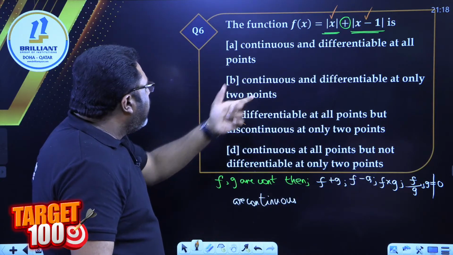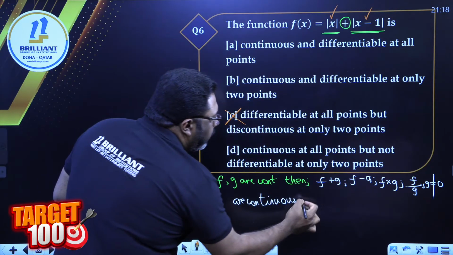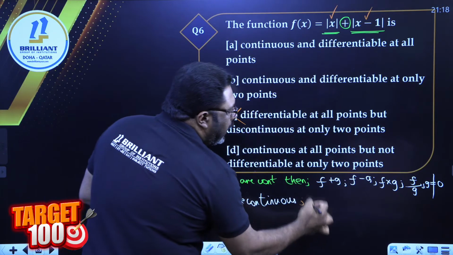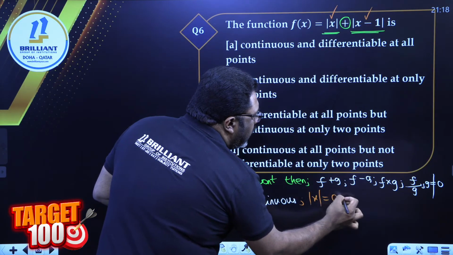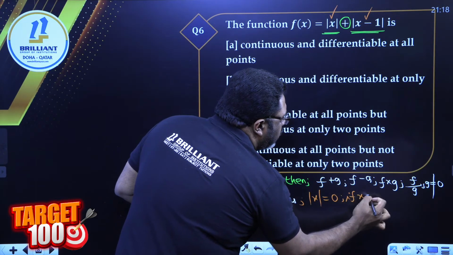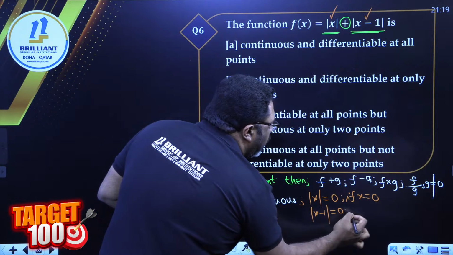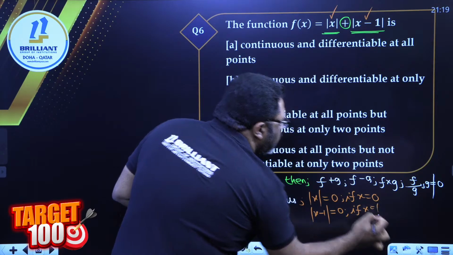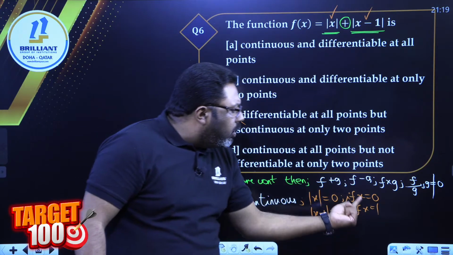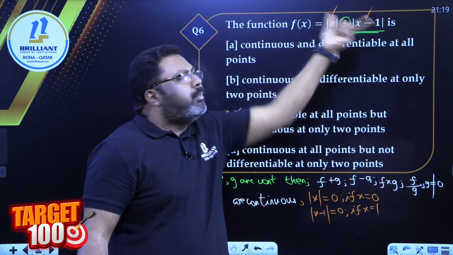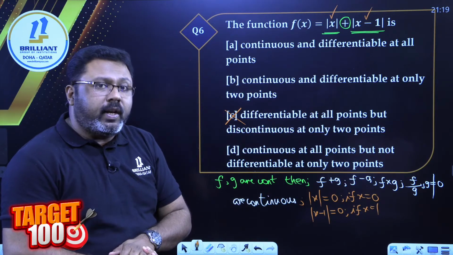Okay, fine. But what about the differentiability? Mod x is equal to 0 if x equal to 0, and mod x minus 1 becomes 0 if x equal to 1. So these are the two values of x which makes my modulus functions 0.